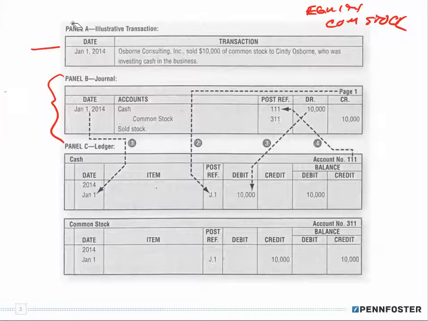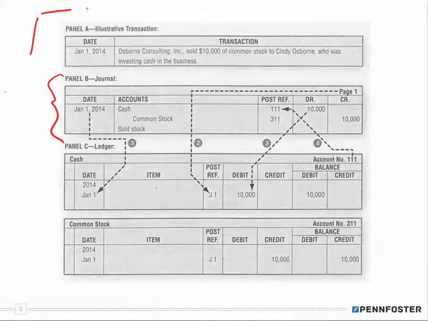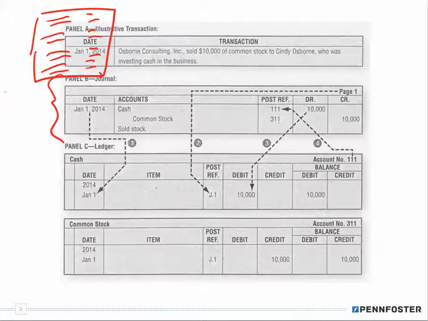But from there, once we have all of our journal entries, this is what the page looks like. Remember your listing of your journal entries. See, there's a page number.